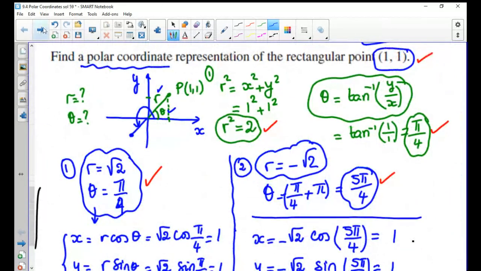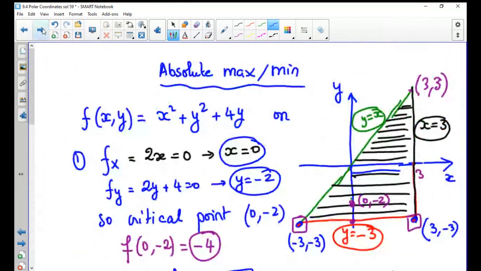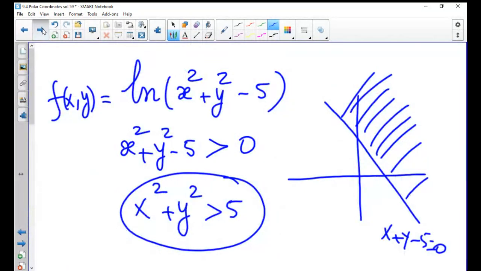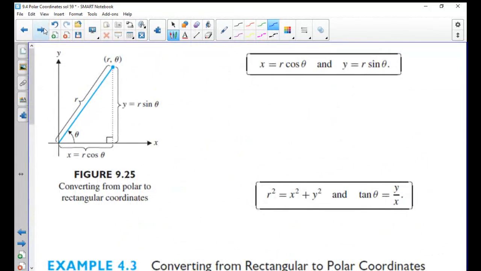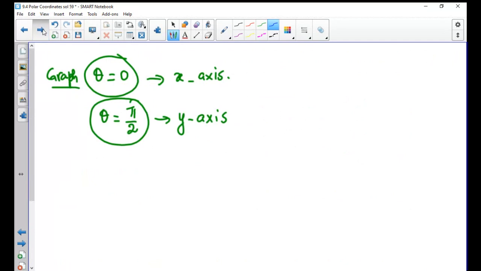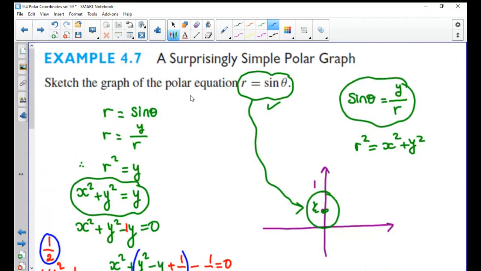Okay, now we move on. We did some graphing a little bit of polar coordinates. Sketch the graph of r equals sine theta. Where are the points which satisfy this equation?